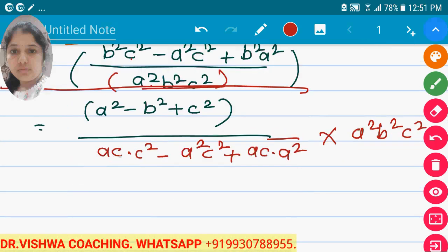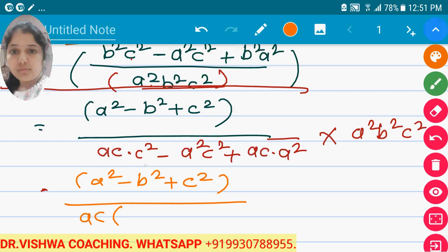Now see, I can take AC common from all the three, so I will take it out. A square minus B square plus C square upon AC common from all the three numbers. So here only C square is remaining.